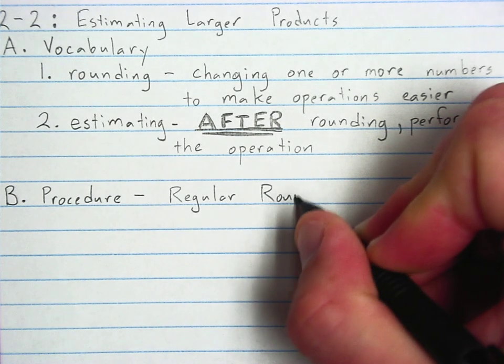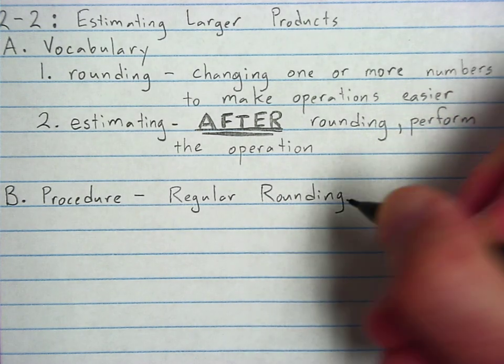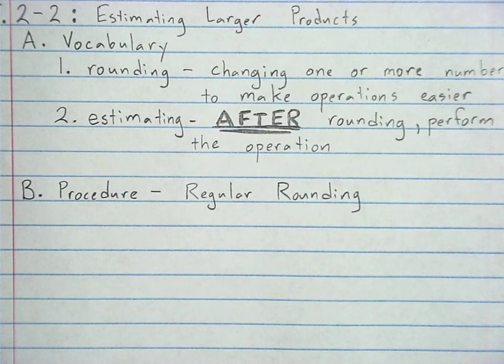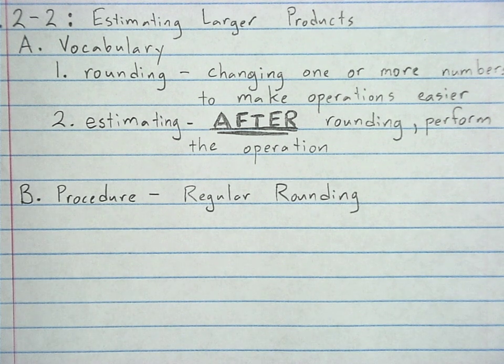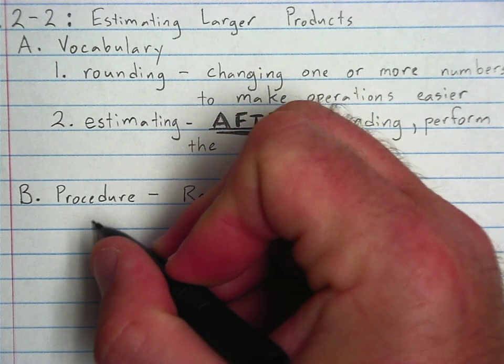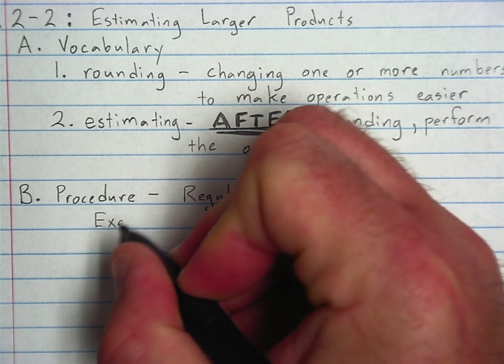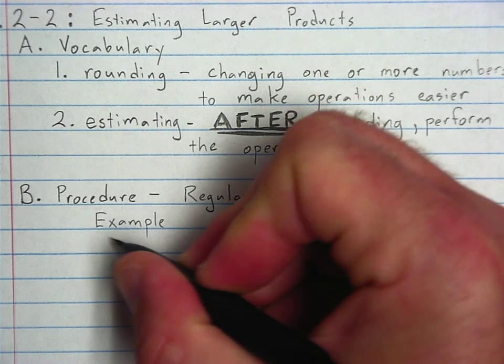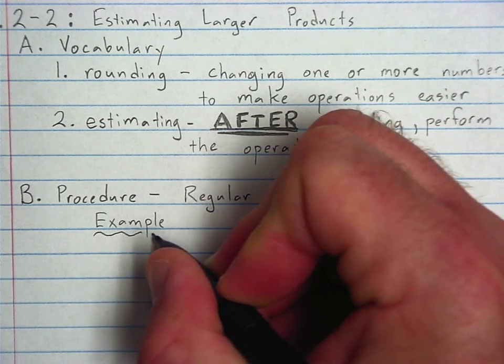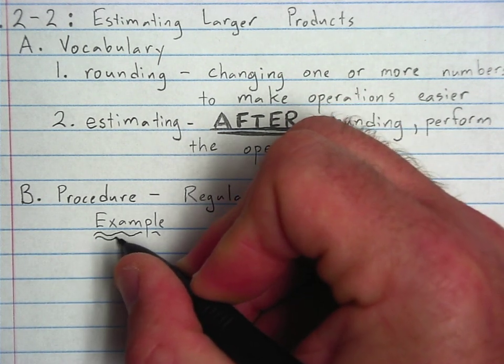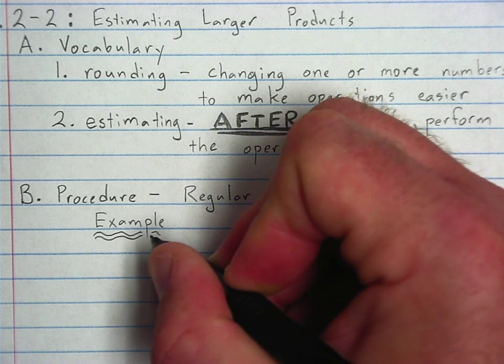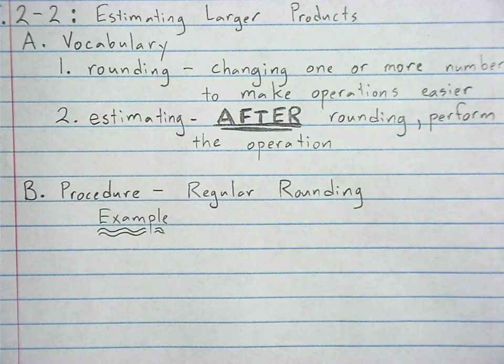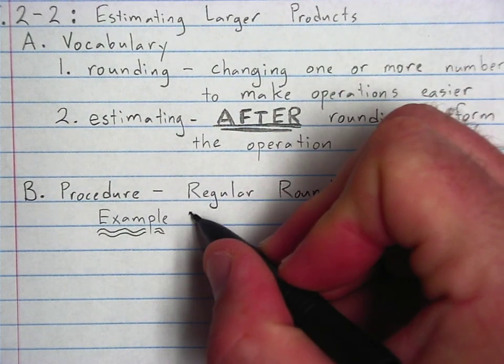I've spoken briefly about compatible numbers. We'll deal with that once we get into division again. That's when that's really useful. But for right now, regular rounding, the rounding you've been taught before. I know this procedure is not going to be step by step like they so often are, but we've done this once or twice already. I want to show you a different way of looking at it.